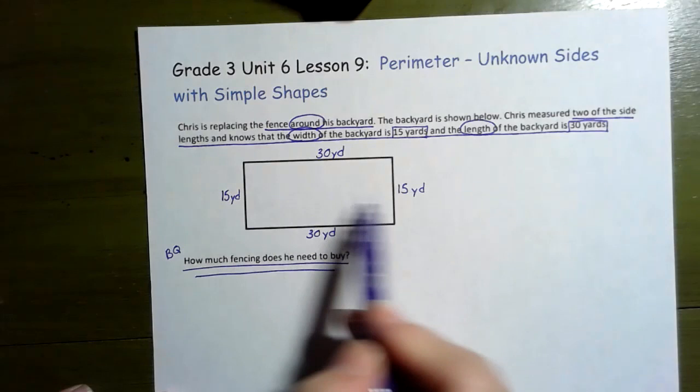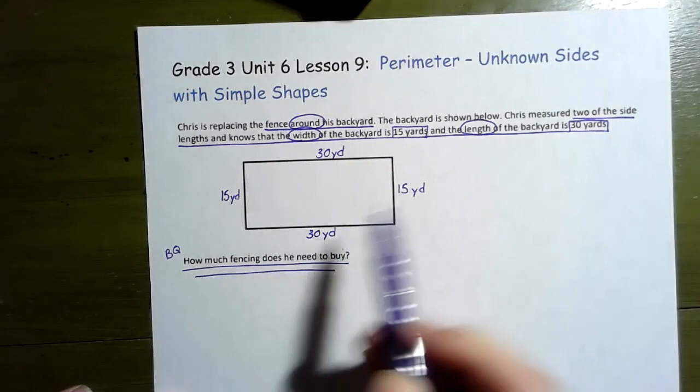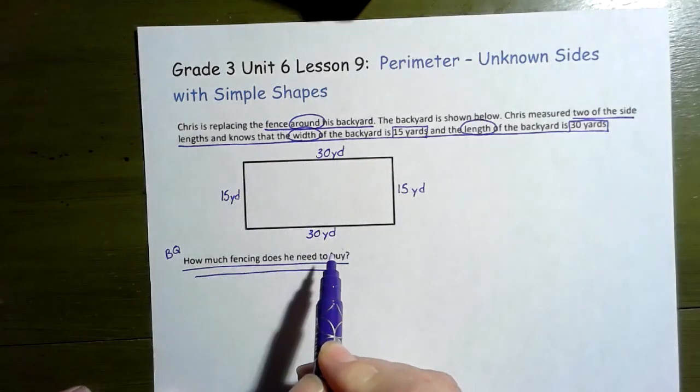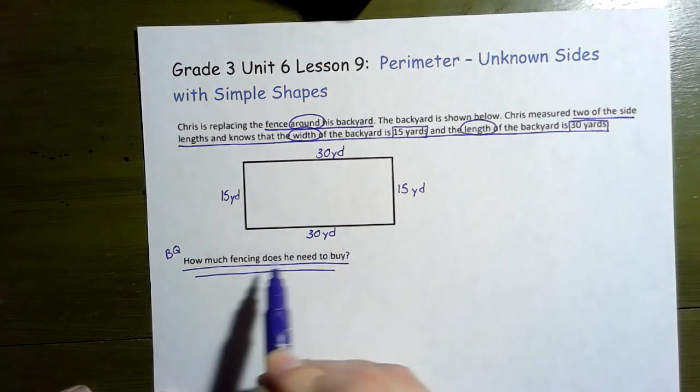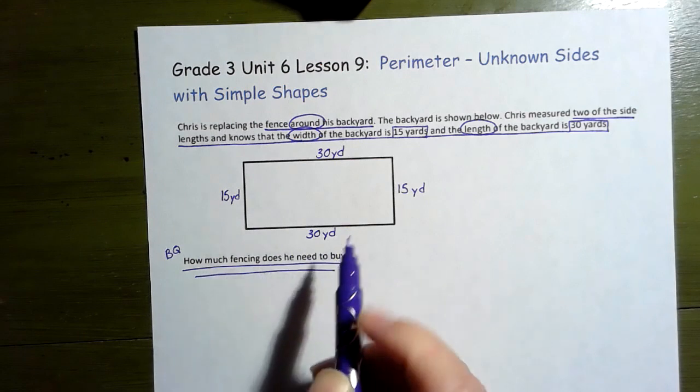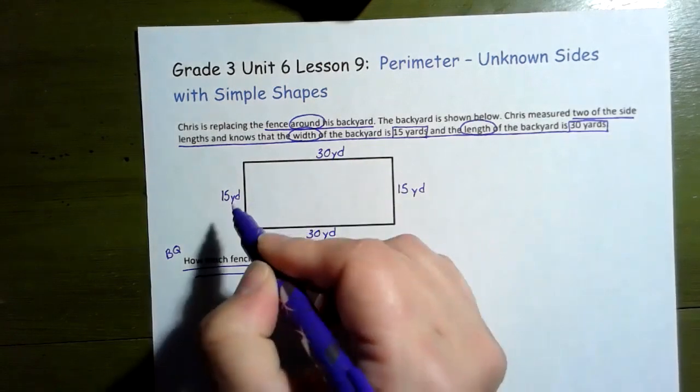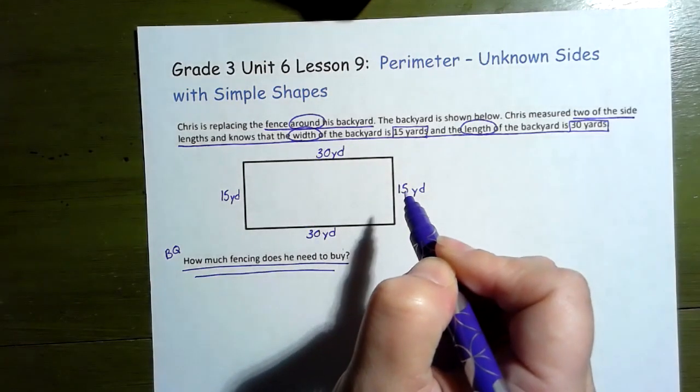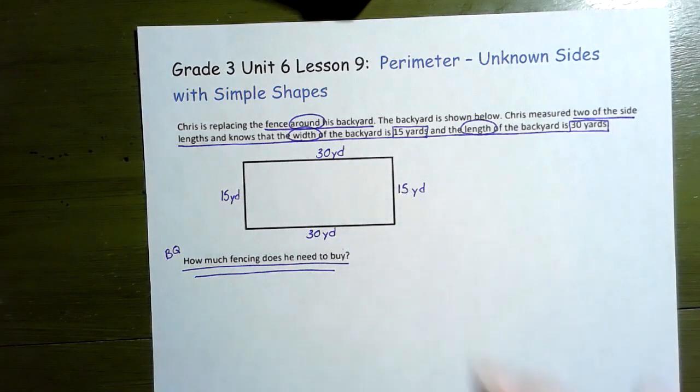Well, we found the missing sides, but what's our big question? That's right. How much fencing does he need to buy? So even though we found the missing sides, are we done? Say it to your screen. No, not quite yet. We still need to find perimeter.